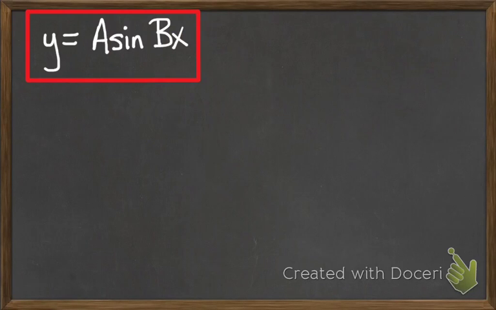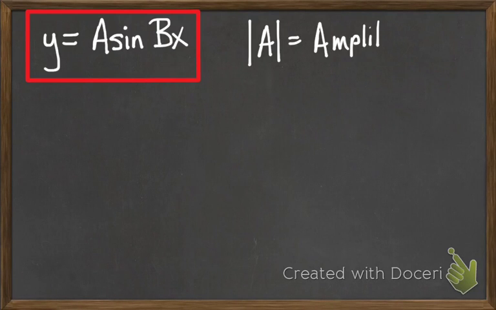The absolute value of A, we're going to call the amplitude of our graph. You may have heard of the word amplitude when you're graphing.